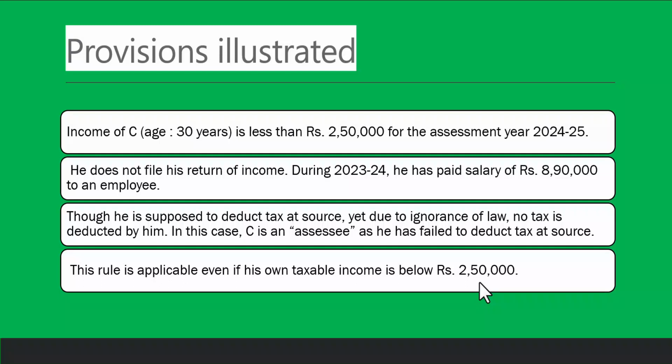So the taxability of the person is immaterial, but whether he has complied with the rules of deducting tax at source or not. Like Shiv Nadar may not be making any profit, suppose in the next year, so they don't have to pay any tax. But they are employing so many people, so they are supposed to deduct tax from their salaries and deposit with the tax authorities. So that is what it says.